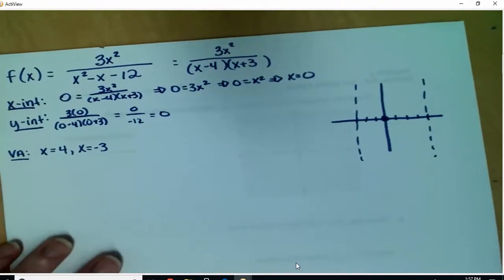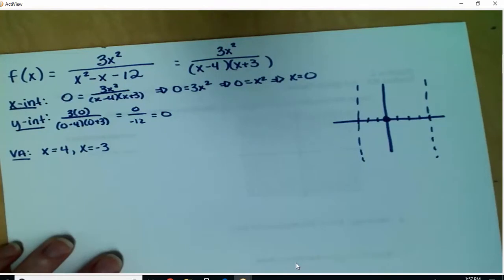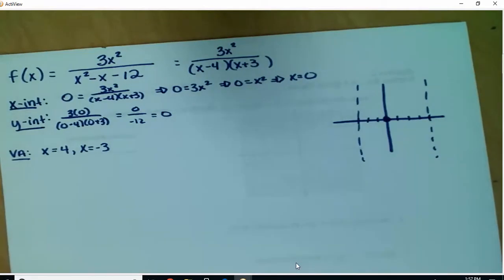But then we have to decide if it's horizontal or oblique. So remember those rules. If the degree on top is smaller, it's horizontal, y equals 0. If it's the same degree on top and bottom, you divide the leading coefficients. If the top is one more, it is oblique. Do you guys remember these?